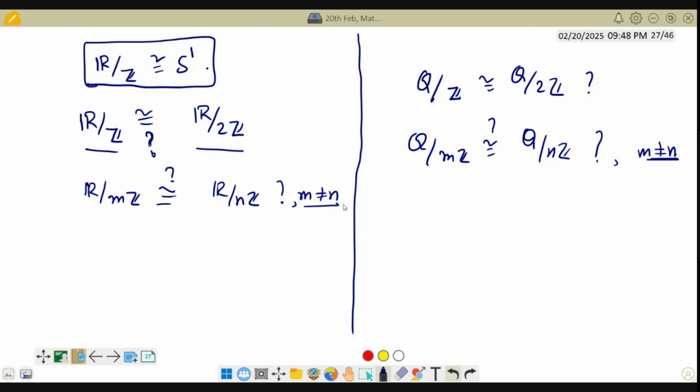What can you say? Can you produce an isomorphism between R mod Z and R mod 2Z? Same thing for Q mod Z or Q mod 2Z or whatever you want, either the left one or the right one.